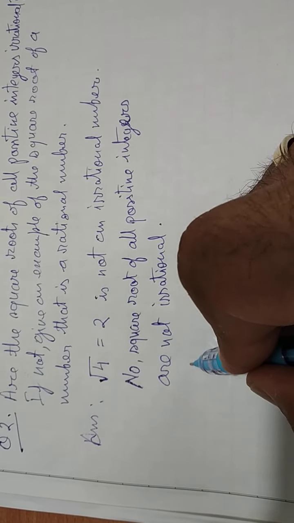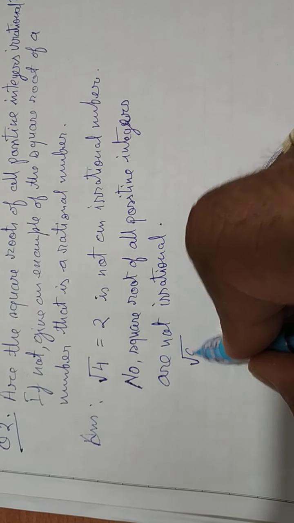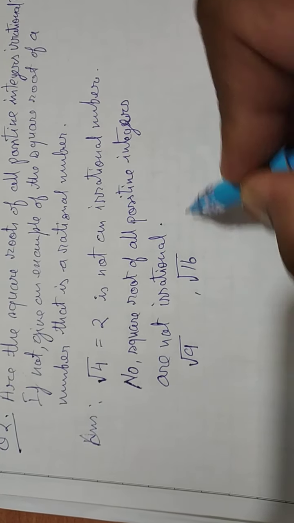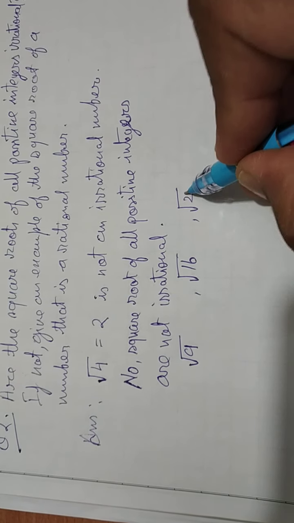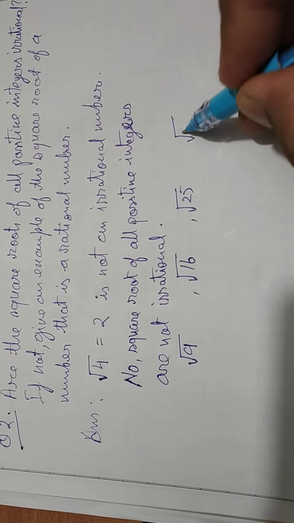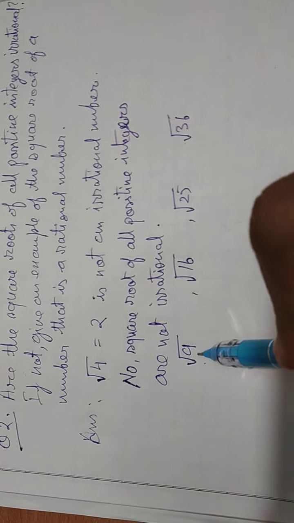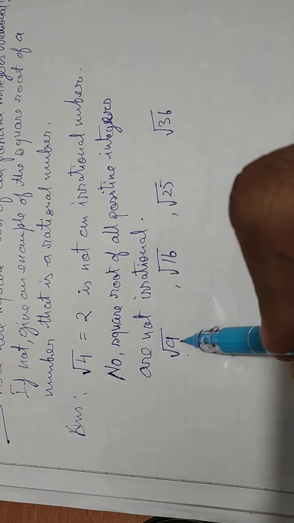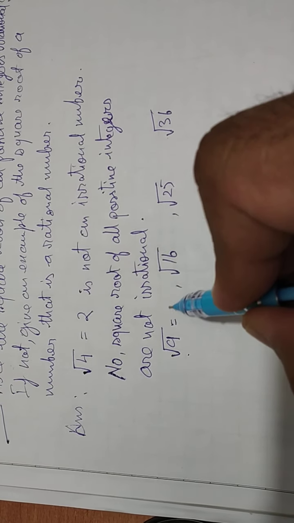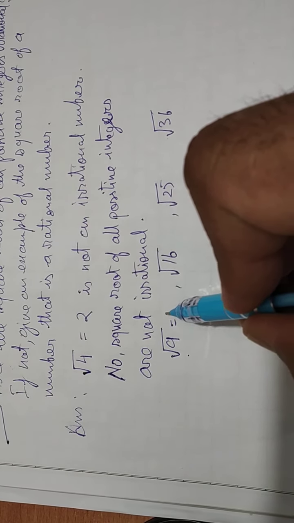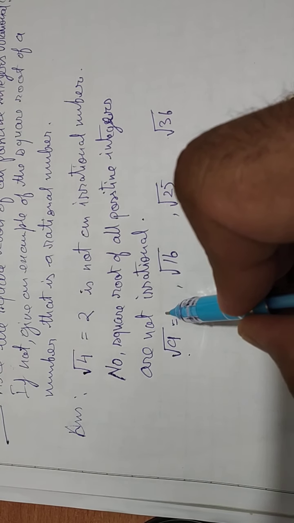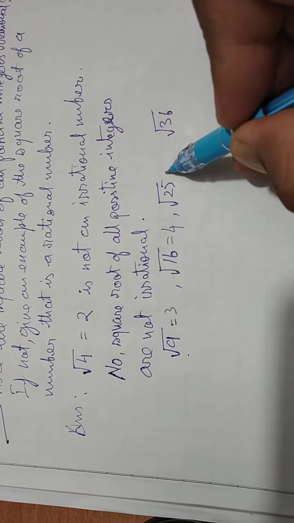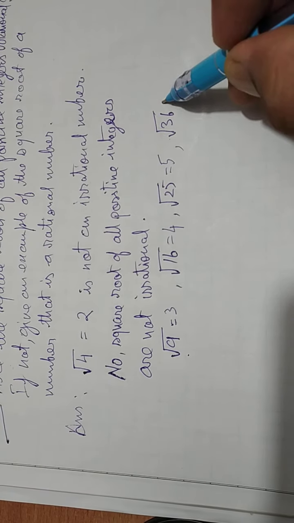Other examples are like root 9, root 16, root 25, root 36. All these square roots of positive integers are not irrational because their values are rational numbers. Root 9 is 3. Root 16 is 4. Root 25 is 5. Root 36 is 6.